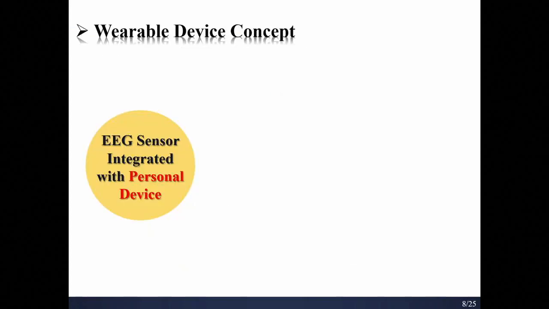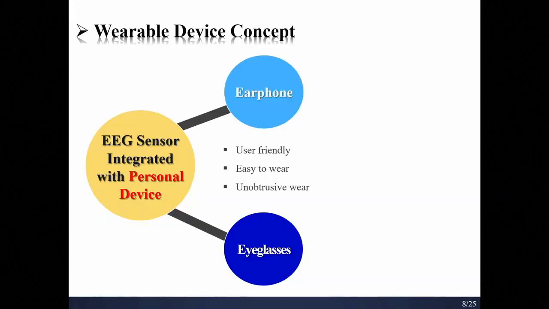So I thought of a wearable device concept of combining an EEG sensor with a personal device, such as a head-worn personal device. Among the many personal devices, I chose the earphone and eyeglasses form factors to measure EEG with the wearable sensor.